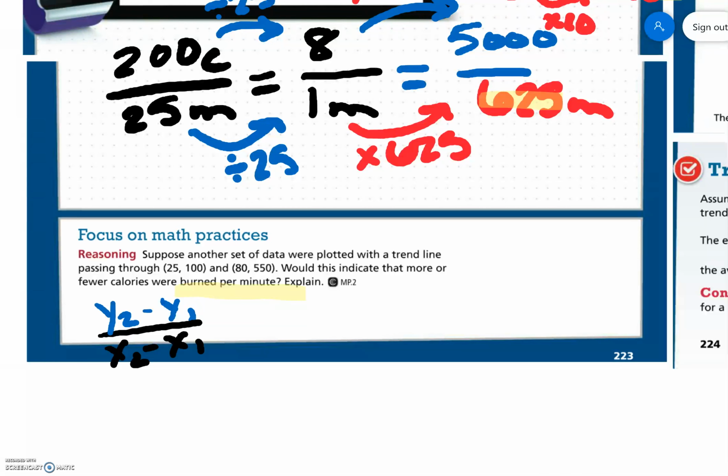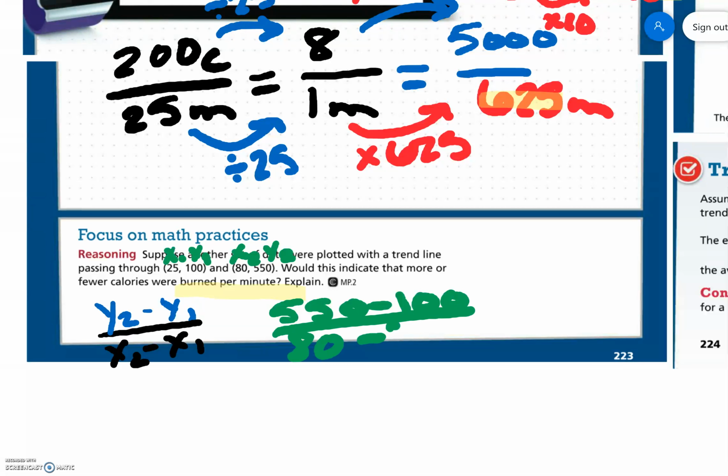So here we can label x1, y1, x2, y2. So you do 550 minus 100 divided by 80 minus 25.